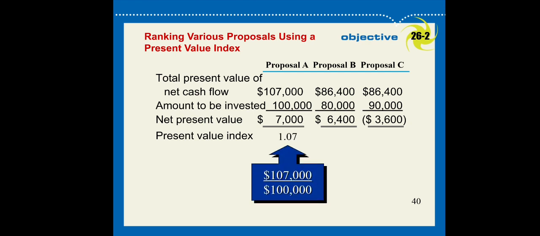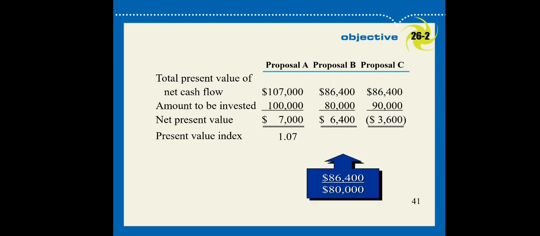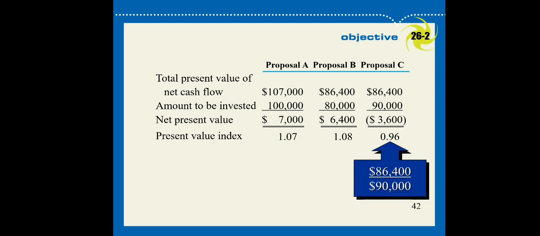For proposal A, the calculation is 107,000 divided by 100,000, so the present value index is 1.07. Proposal B, 86,400 divided by 80,000, the index is 1.08. Proposal C, the index is 0.96.